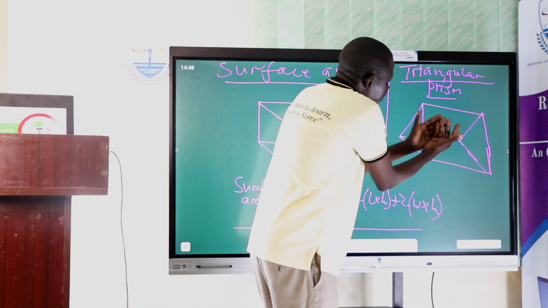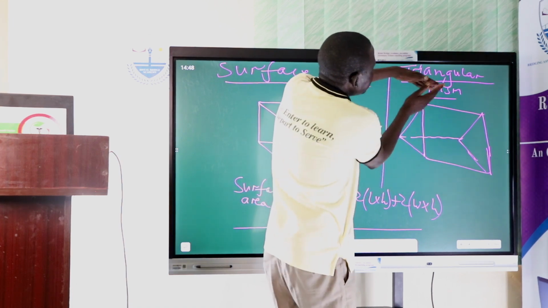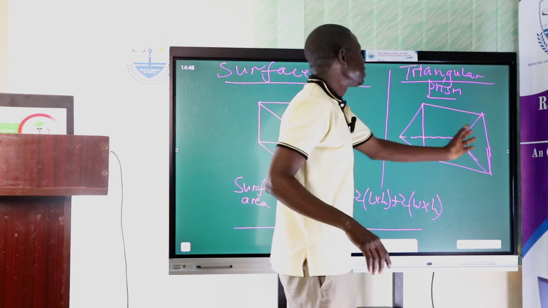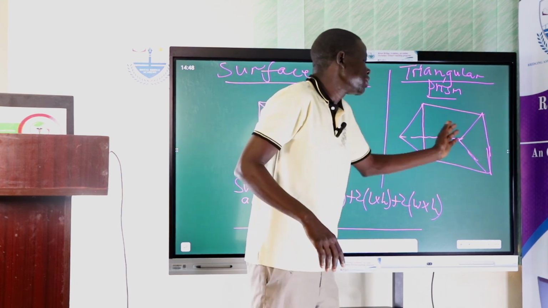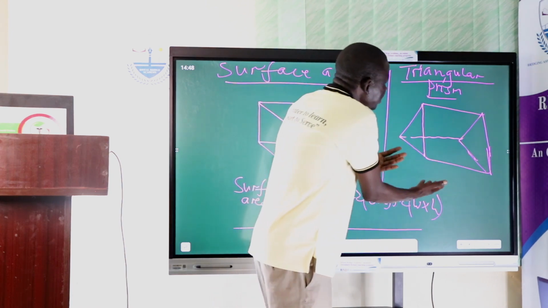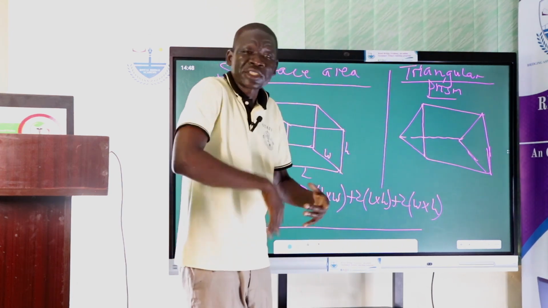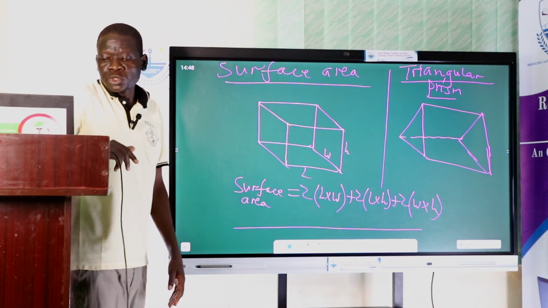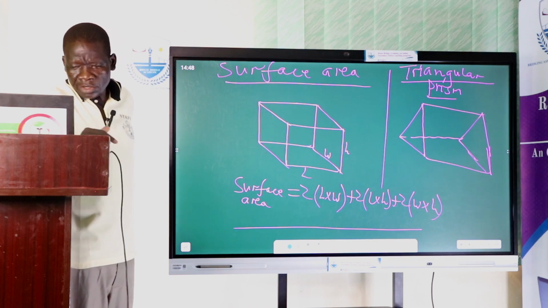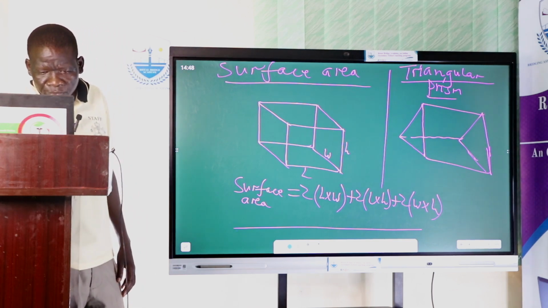You get the area of the cross-sectional areas which are triangles, then the area of the base. Then you get the total, to give you the total surface area of a triangular prism.